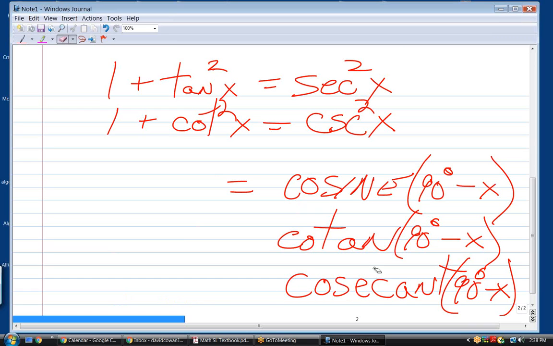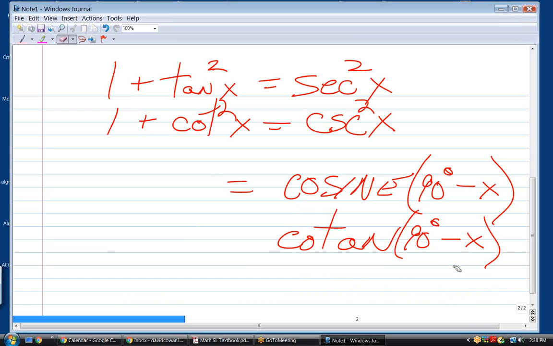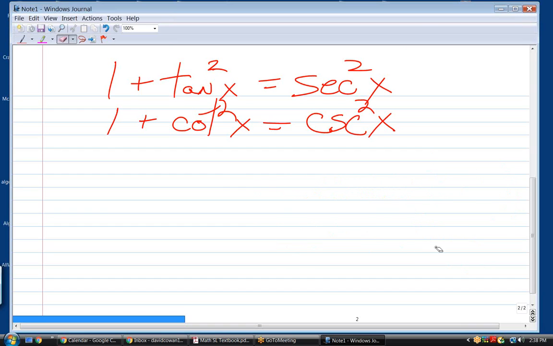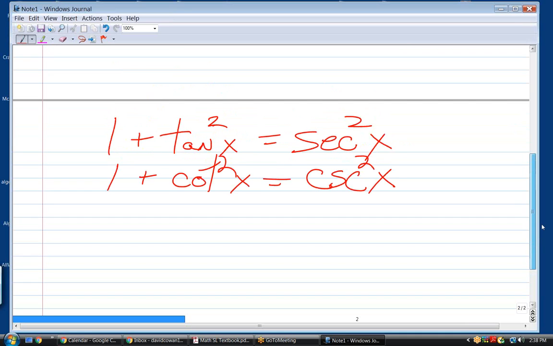Notice, cofunctions and reciprocal relationships are different. What is the third Pythagorean identity that we haven't written? It's actually the number one that they teach you.